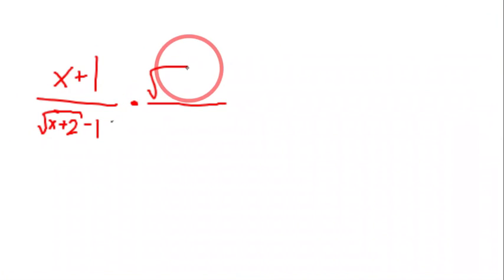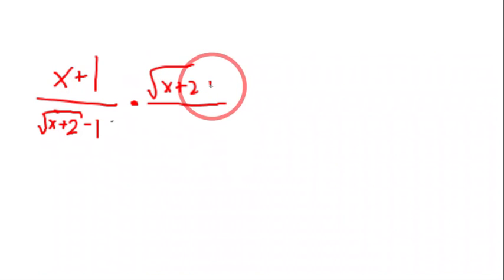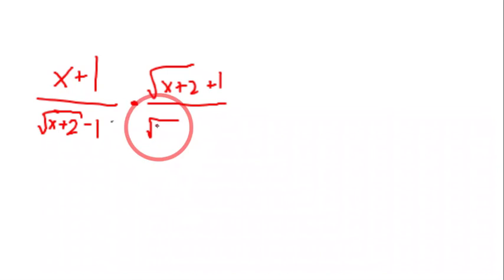So go ahead and do that. And what you will get on the bottom is, of course, x plus 2 minus 1, because 1 squared is 1, and the square root of x plus 2 all squared is x plus 2. Square and the square root cancel each other.